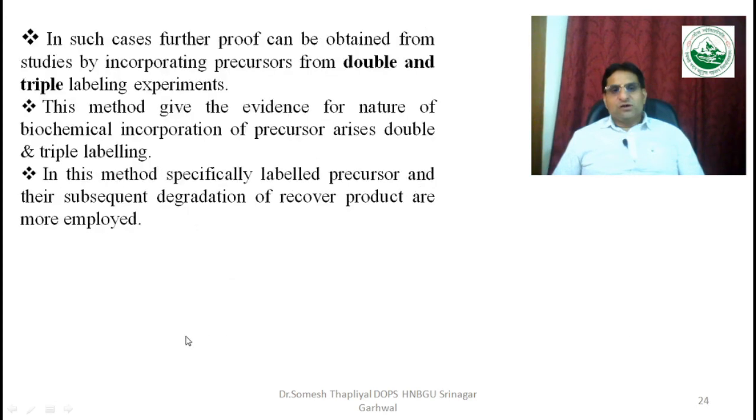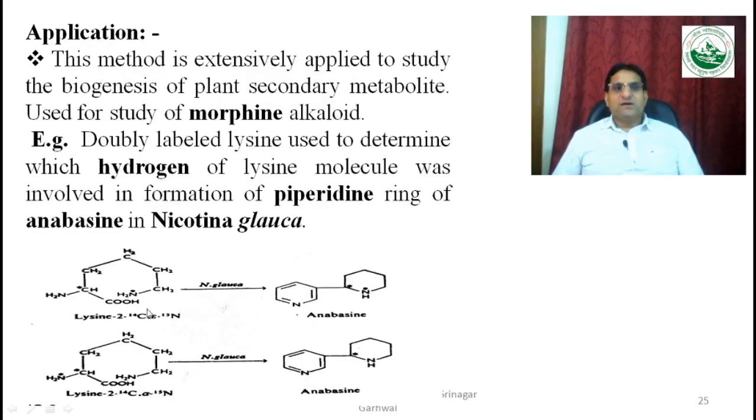So to sort out this problem we can use double and triple labeling experiments, which give more specific results. For example, we can take lysine, which is presumed to be a precursor for anabasine, obtained from Nicotiana glauca, and it contains a piperidine ring.